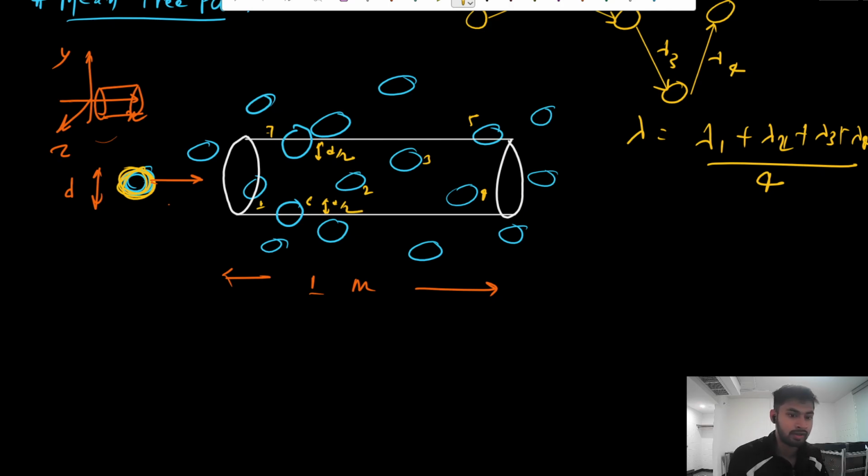This implies that if it is perfectly in the center of this cylinder along this axis and moves inside, then it's going to collide with these two molecules if and only if it is d by 2 inside for the 6th and 7th one.